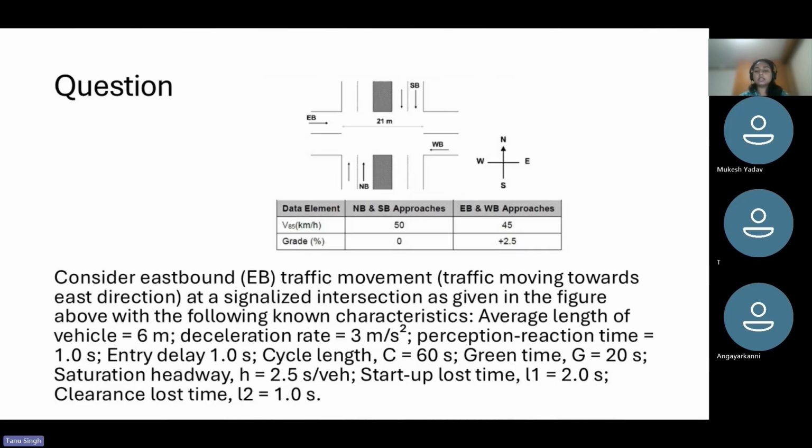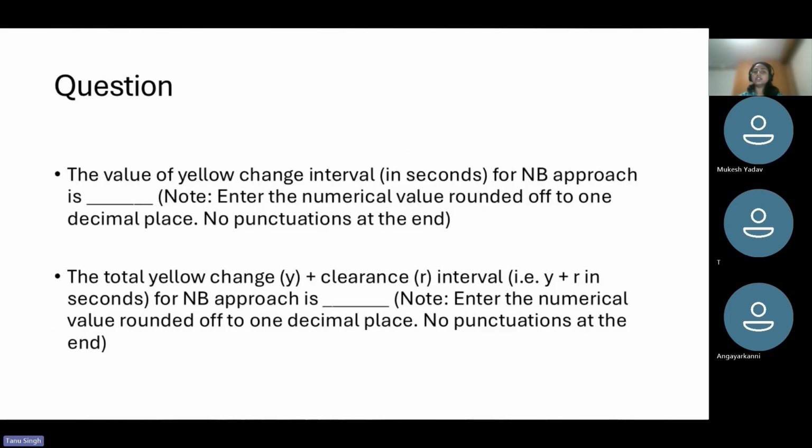So this is the data, then comes the series of questions. The first two questions: we have to calculate the value of the yellow change interval for the northbound approach, and then the total yellow change plus clearance interval, that is, y plus r in seconds, for the northbound approach.